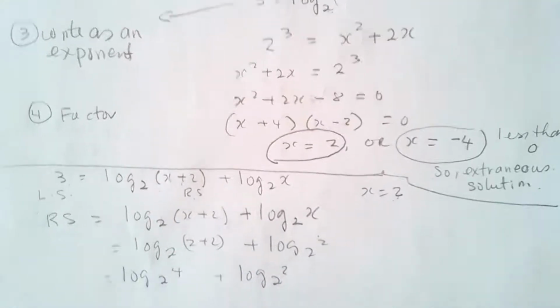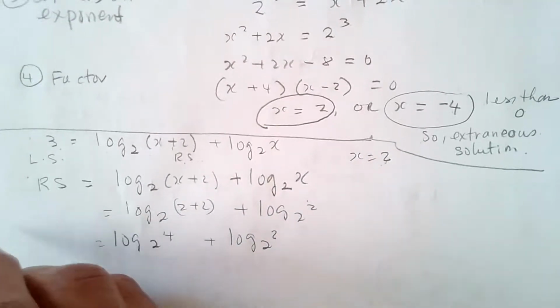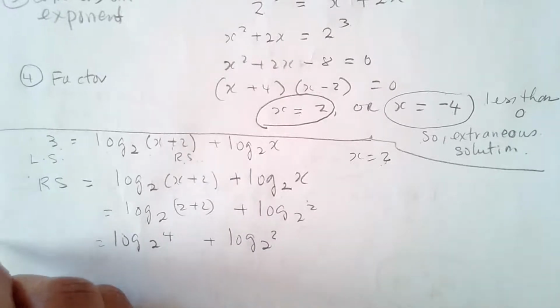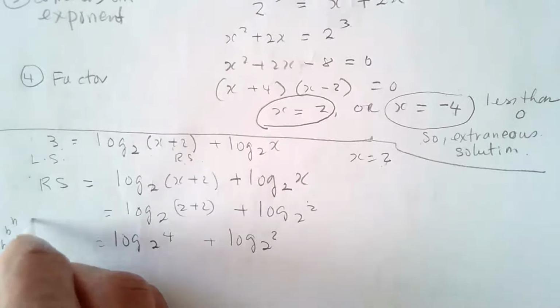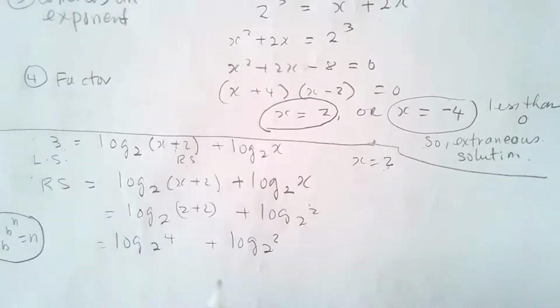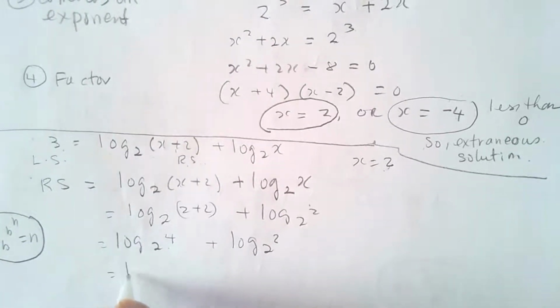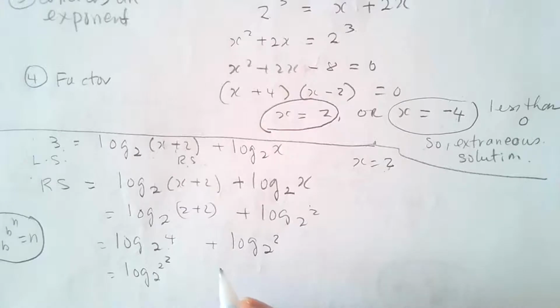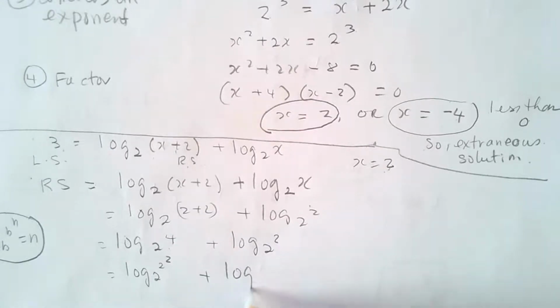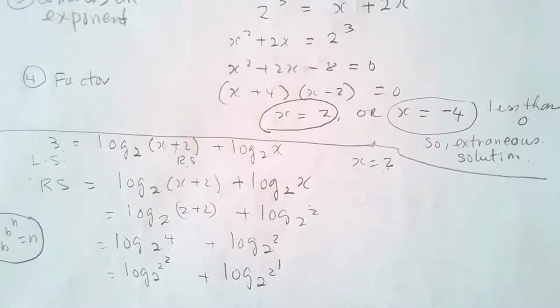Remember we have our log definition, which is log b to the bn equals n. Use the same principle here. This is going to give me log 2 to the power 2 plus log 2 to the power 1.